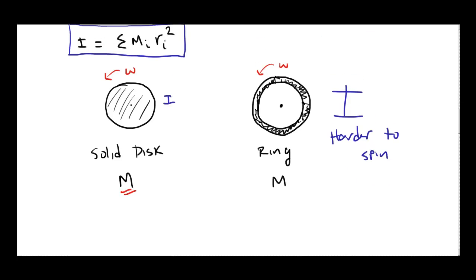And first of all, maybe I'll move down here. If the equation is this, I'll write it again, I equals the sum of m_i times r_i squared. This is a really easy thing to evaluate if you have a system of, say, 2 objects. So maybe I've got here's m1 and here's m2.